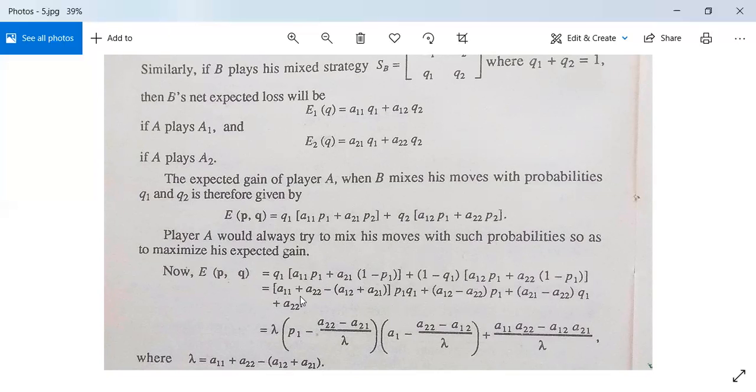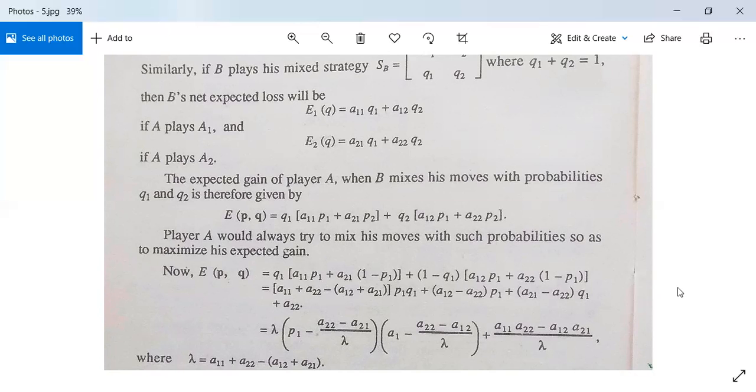So this is equal to A11 plus A22 minus A12 plus A21 P1 Q1 plus A12 minus A22 P1 plus A21 minus A22 Q1 plus A22. ये मैनिपुलेशन थोड़ा सा करने पर तुम्हें ये सारी वैल्यूज मिल जाएंगी.